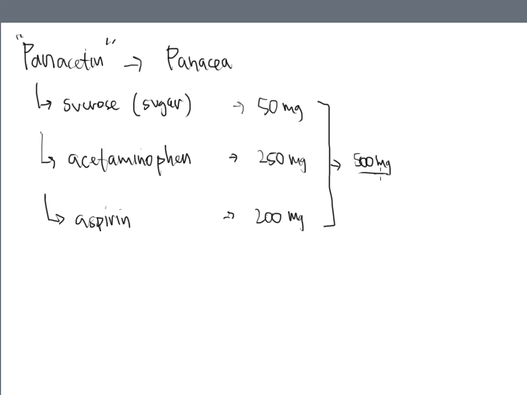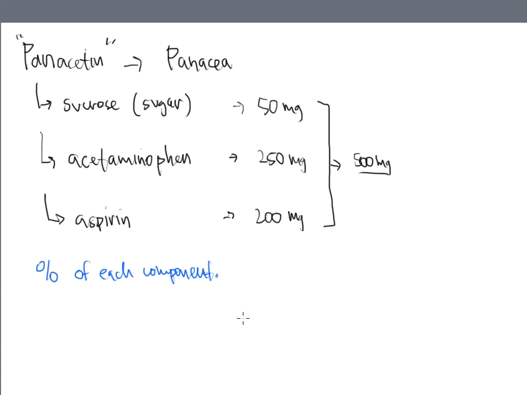The issue here is that we're given a drug called Panacetin, and we just want to make sure that these values are representative of the sample that we get. That's really what we're after here. As far as procedure goes, the lab is going to want you to calculate the percentage of each component in the sample.